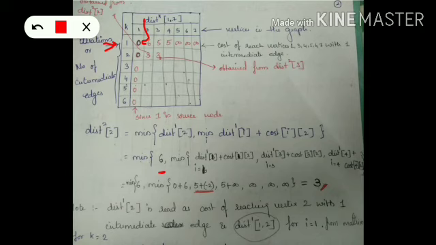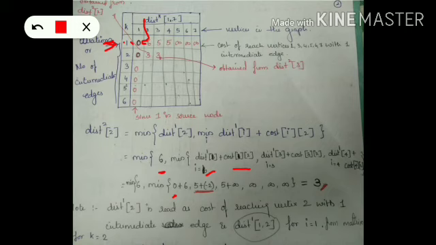And in the minimum of dist^1, initially i's value is 1. So dist^1[1] is 0 plus cost[i, 2], that is cost[1, 2], I'll get it from the graph itself. The cost of reaching from 1 to 2 here is 6.